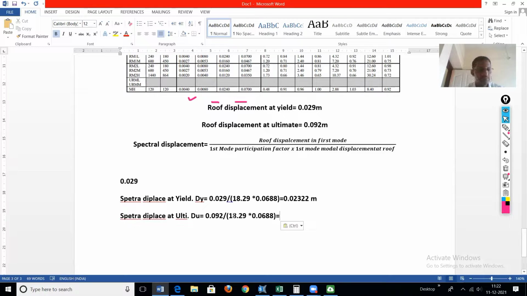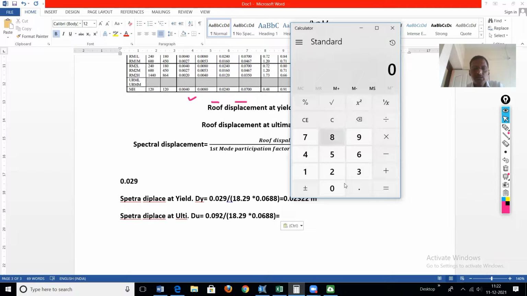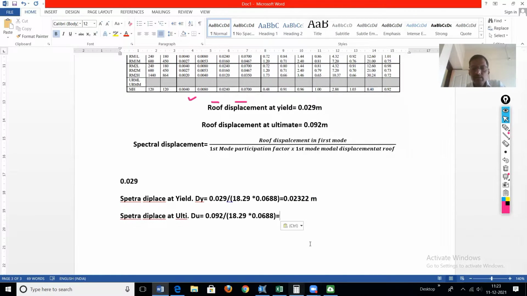So 0.092 divided by 18.29, divided by 0.0688 is 0.073. 0.073 meter is the spectral displacement at ultimate point. So this is the dy value, this is the du value.